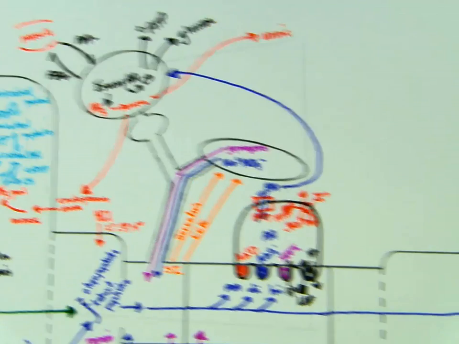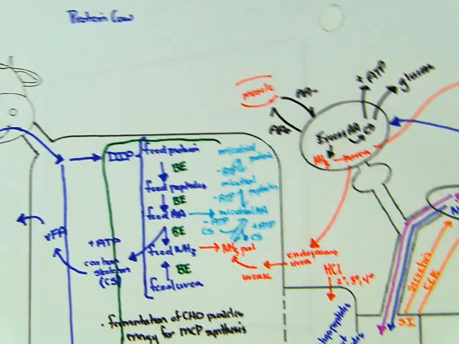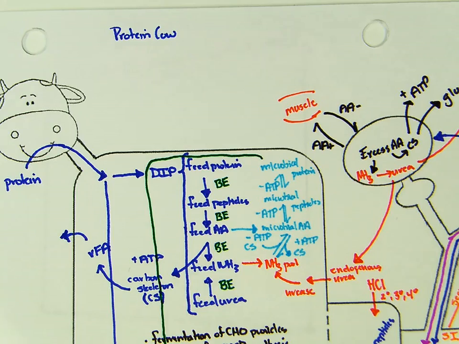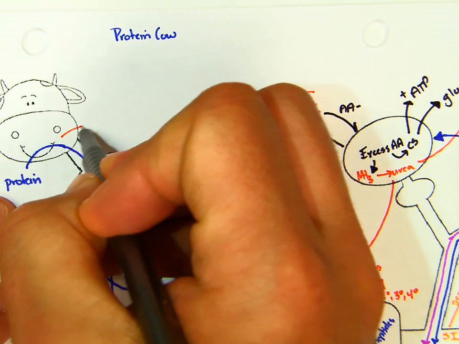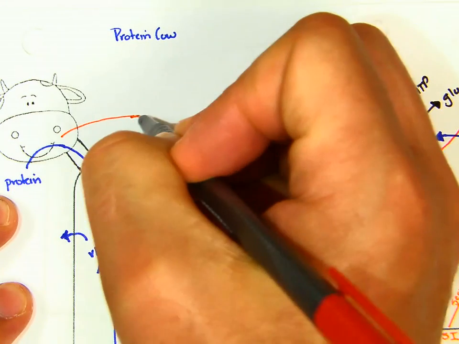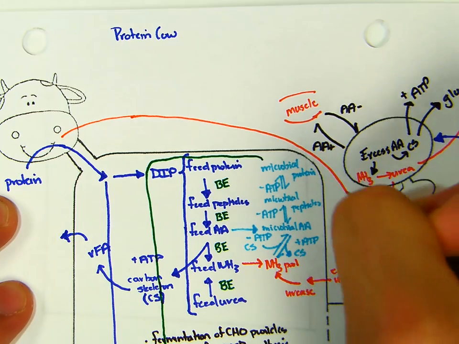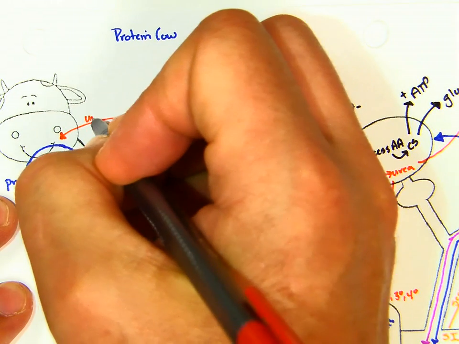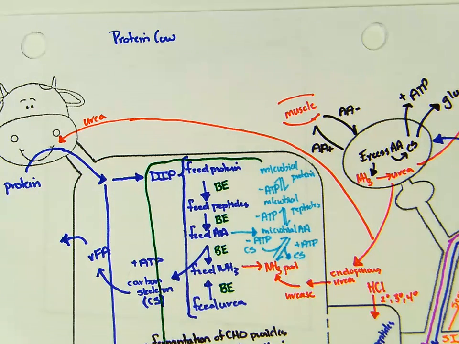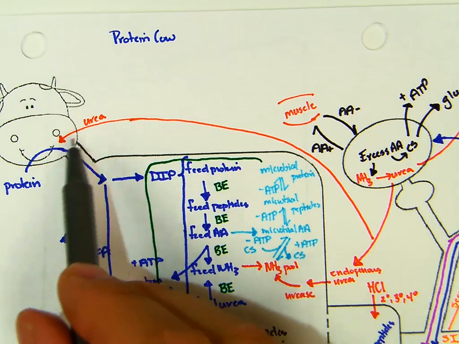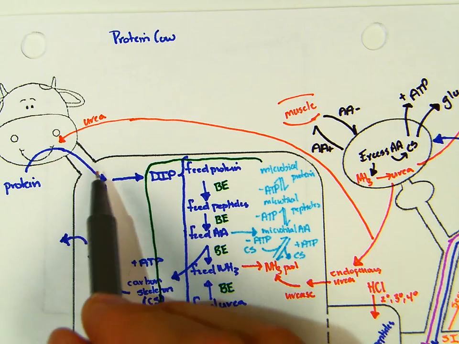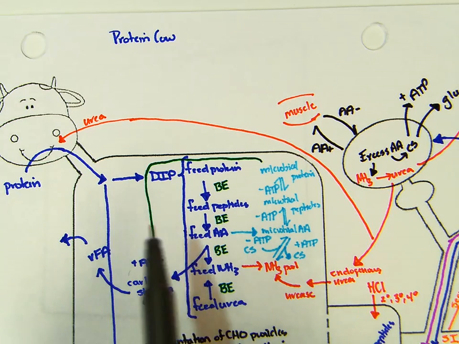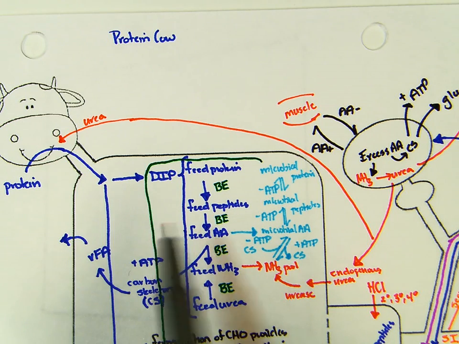And in being recycled back, it could also be recycled back through the mouth. So in the saliva secretion, urea can be secreted, go into the rumen, and be hydrolyzed as an additional source of ammonia.